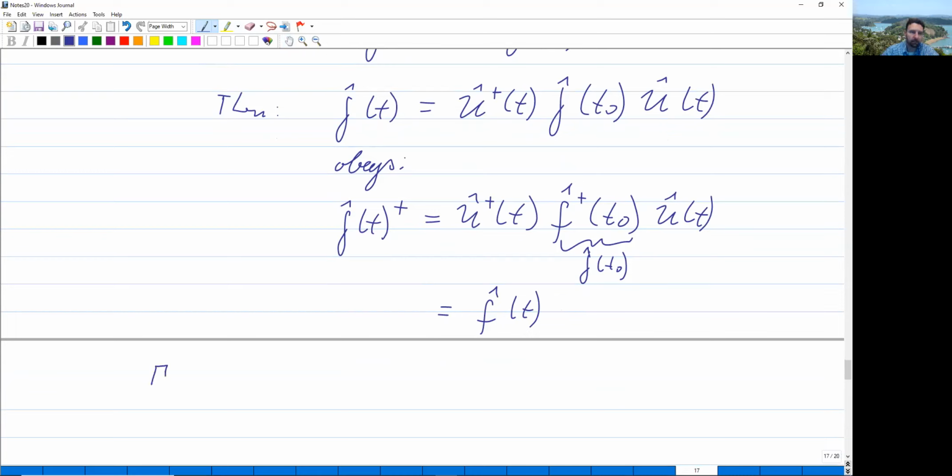And third, u hat of t respects, well, not just the canonical commutation relations, it respects all commutation relations.